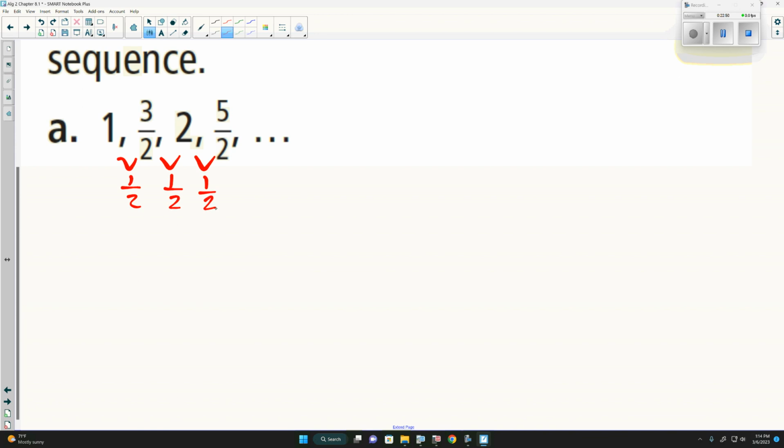Well, because we do have this commonality of a half, what's 1 written in halves? Because 2 over 2 is the same as 1, yes? How about 2? Would be what? Because 2 over 2 is 1, so 2 is going to be 4 over 2, yes? Is there a pattern with our 2 over 2, 3/2, 4 over 2, and 5/2?